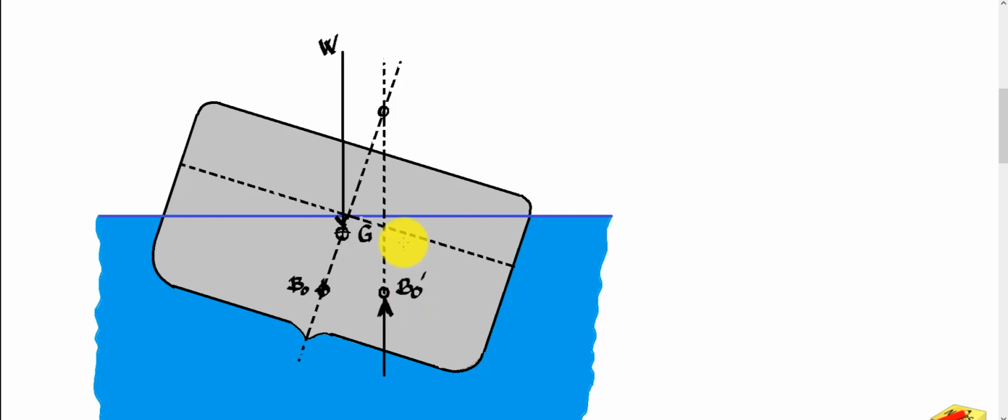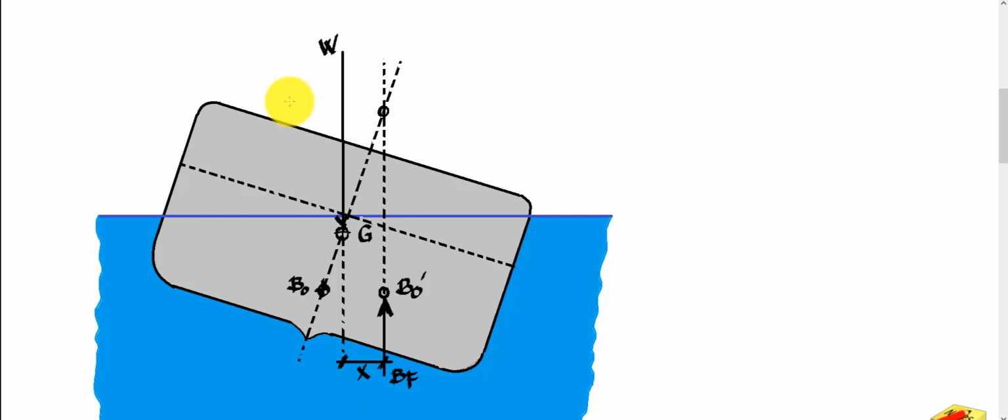We have the corresponding reaction of the buoyant force acting upward, and the corresponding distance from the center of gravity to the location of the new buoyant force. Here we have your BF. This will be the x.